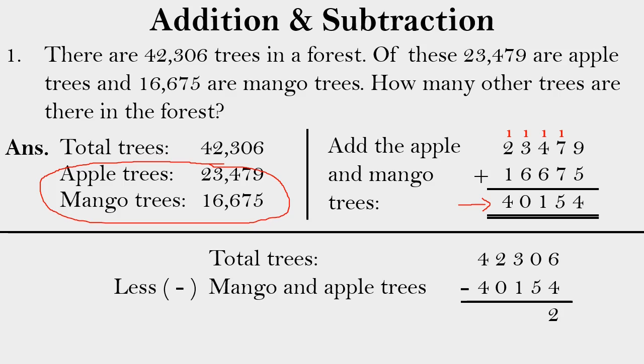Now we cannot take out anything from 0. So what we will do is we will borrow it from 3. 3 will now become 2 and 0 will now become 10. I told you when you borrow, you carry over 10 to the present column.